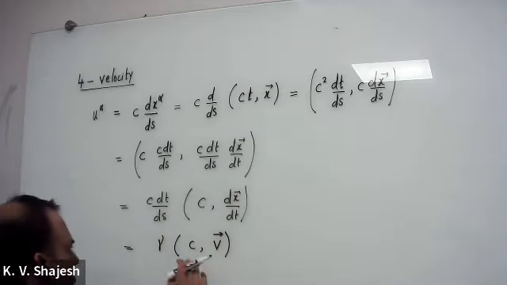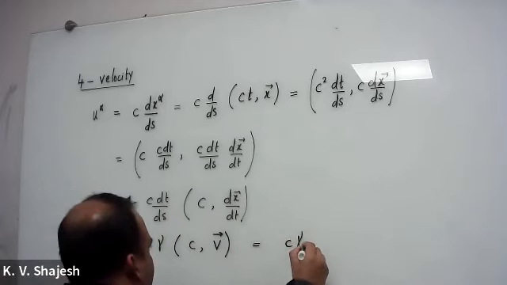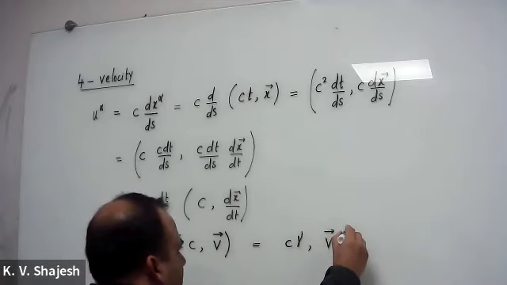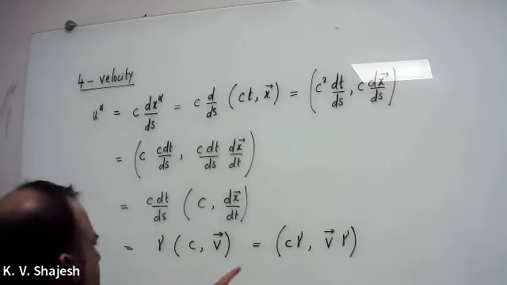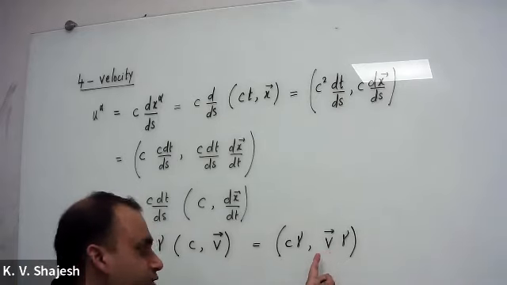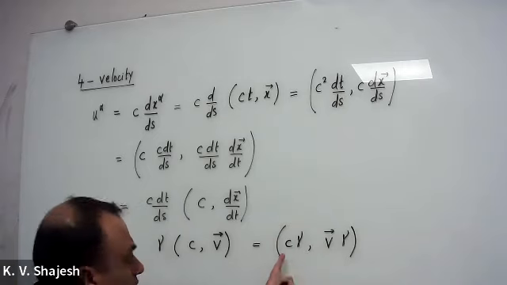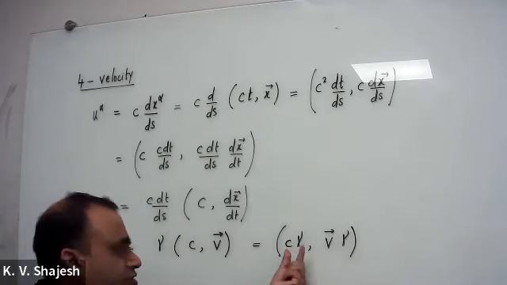In fact, it is good to think of this as c times gamma and v times gamma. The velocity that we usually know is not even the three-component of a Lorentz vector. You multiply by gamma, only then you get a 3-component of a Lorentz vector. But what is invariant is this construction. This is the 0th component.